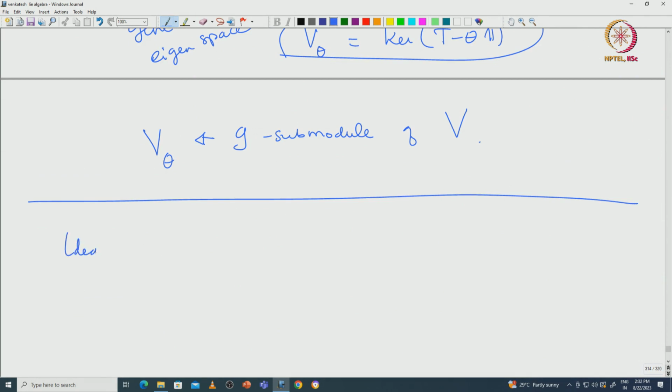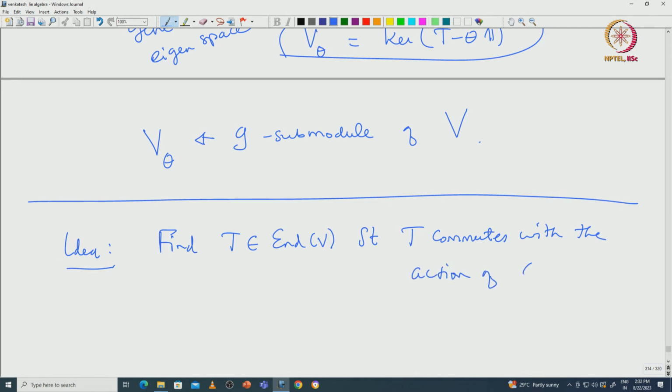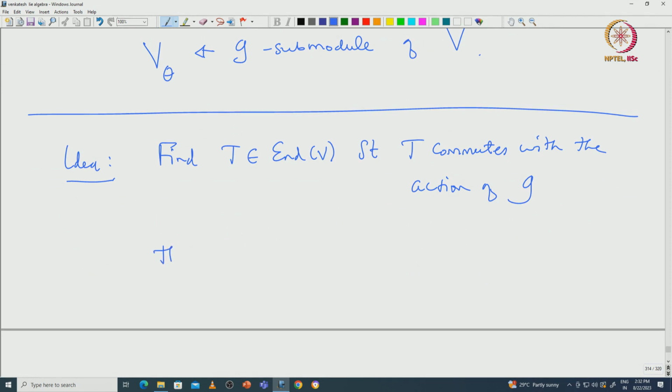The idea is: find an element T in the endomorphisms of V such that T commutes with the action of G. Then we can decompose V into the direct sum of these V theta, theta in C, and these are all G subrepresentations. So, this is one way to break down V into a direct sum of smaller G subrepresentations.